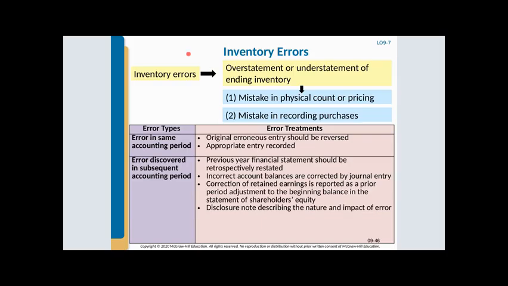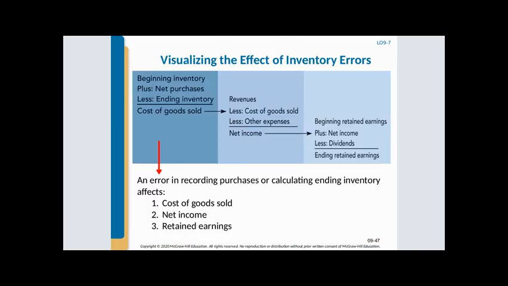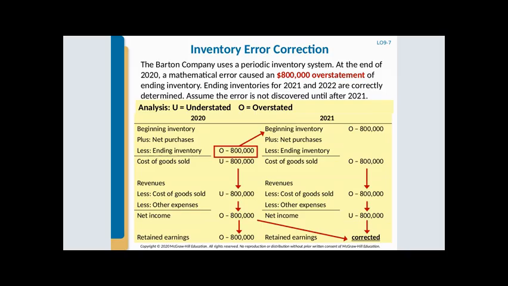Let's see. We also have inventory errors. I think you're also looking at errors next semester as well. So I'm just brushing through this. Basically, your inventory could be overstated or understated. It could be due to maybe a mistake in physical count, a mistake in recording purchases. Usually, these errors are counterbalancing errors.